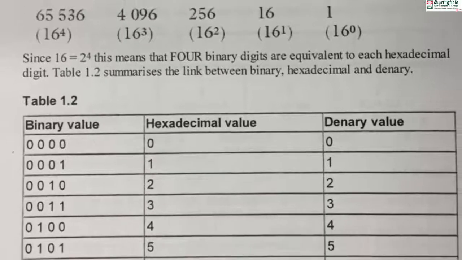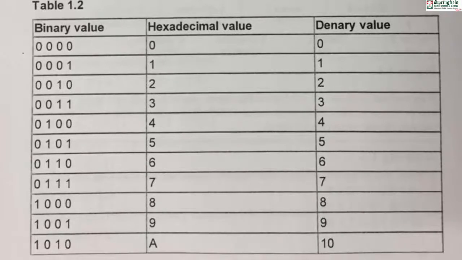as can also be shown in the table of 1.2 where the binary values have 4 bits. You see 0000, there are 4 bits of a binary value. In hexadecimal value they are represented by only 1 bit, that is 0, and in the denary value it is also represented by only 1 digit.